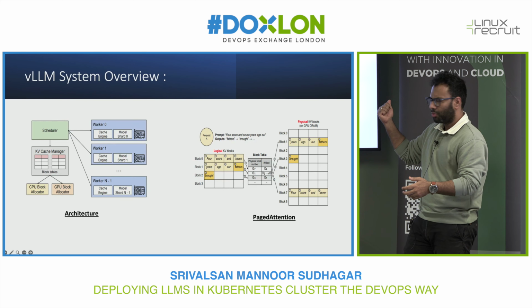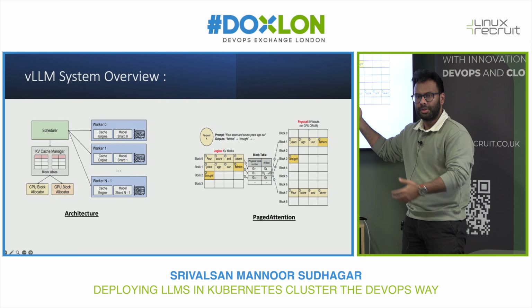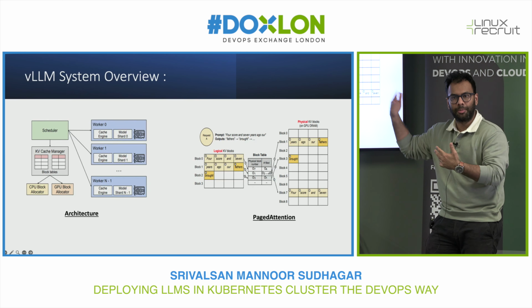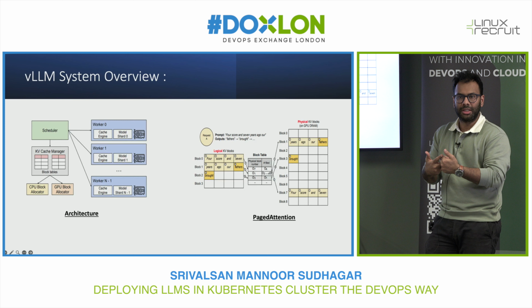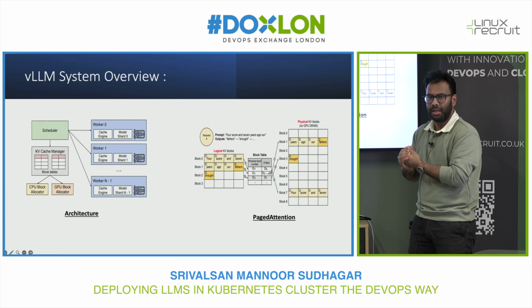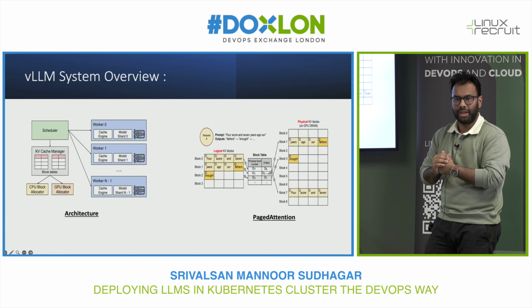That was quite a big change in how you store it, which immediately provides high throughput and efficient memory usage when running machine learning models, and that's one of the reasons why we touched upon how to use vLLM.